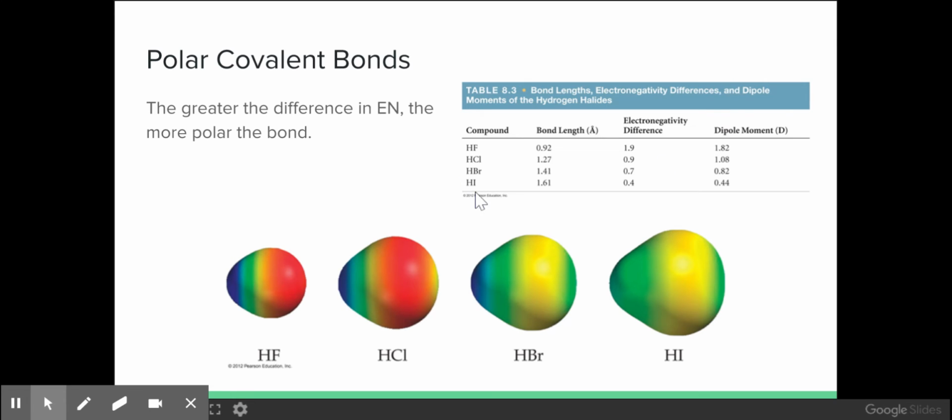You can see that HI doesn't have a very strong dipole moment because the electronegativity difference between hydrogen and iodine is not very big. However, with HF the electronegativity difference is very high, which therefore causes one of the atoms to have more electron density than the other for longer periods of time.